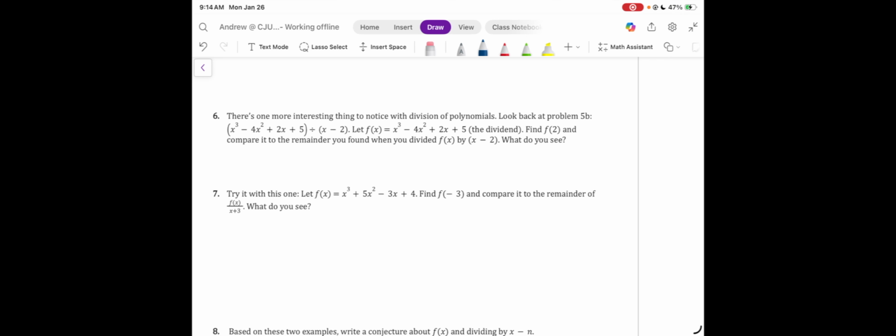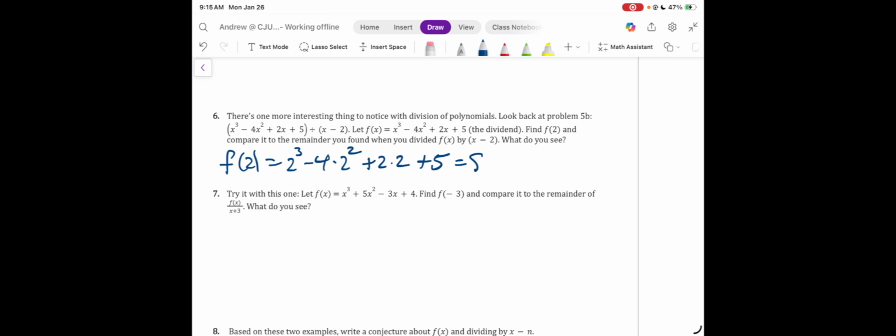It says, let's use a function, find f of 2, and compare it to the remainder you found when you divided f of x by x minus 2. So f of 2 is going to be 2 cubed minus 4 times 2 squared plus 2 times 2 plus 5.